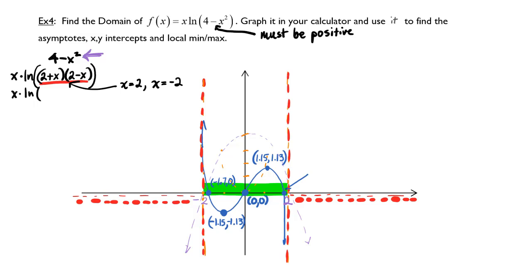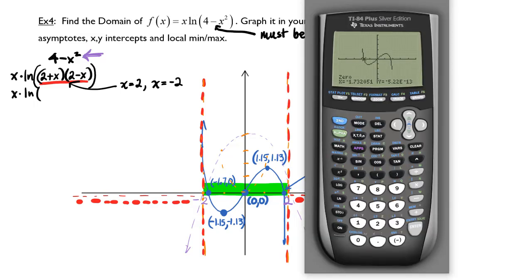And the other coordinate point here, that's the 0 of the polynomial, we'll have to do second calc 0, and arrow over to the left side of the intersection point, and then to the right side of the intersection point, where you cross over from positive to negative, and then guess the intersection point and hit enter again.